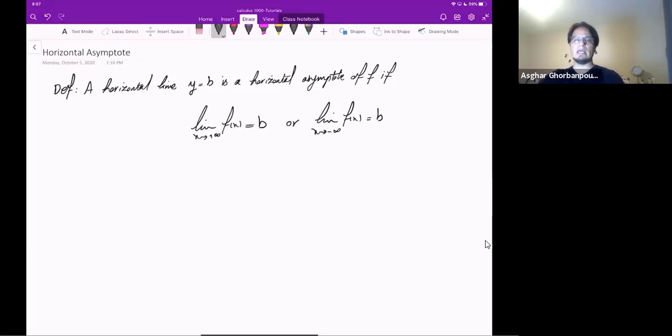Either of these, if you get a number, y equals that number is a horizontal asymptote.